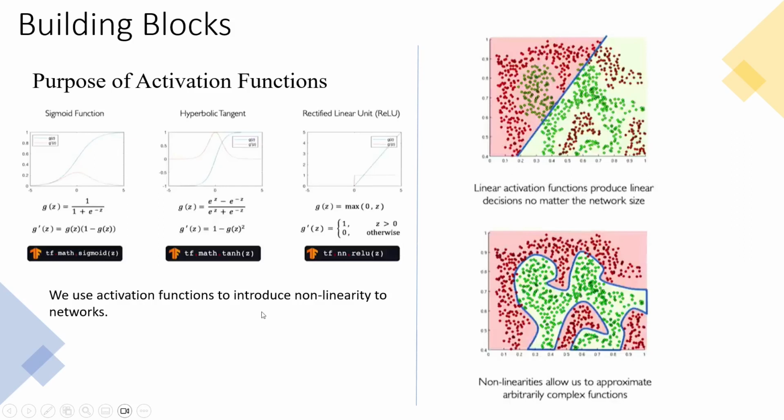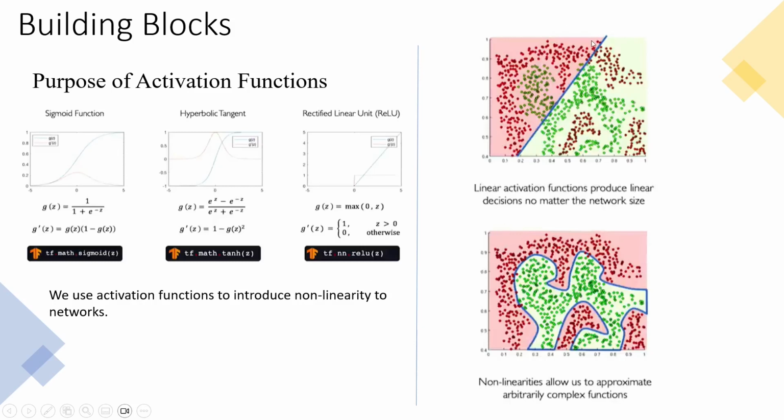But if you introduce activation functions, then we can introduce nonlinearity to our networks. So you can basically classify these two classes if you use neural networks, because we have nonlinearity in our networks. So please try to remember, activation functions introduce nonlinearity to neural networks.